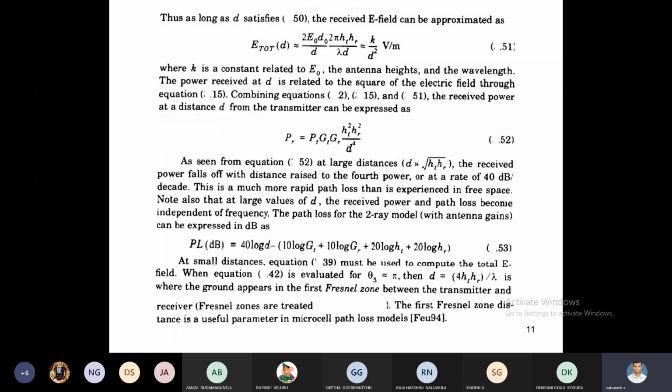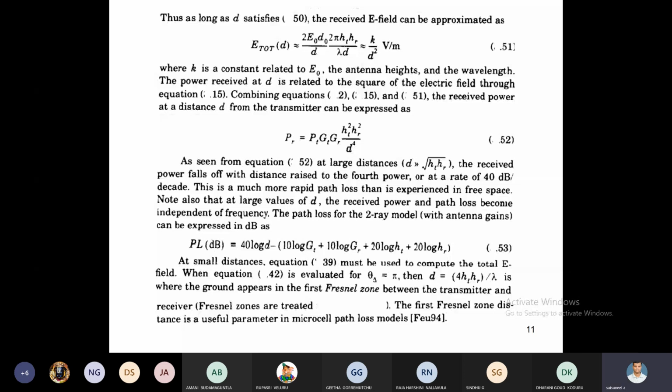Similarly, we have to calculate the received power, which, based on the free space equation, is equal to PT GT GR ht square hr square by d power 4. Suppose we take this equation in terms of dB, that is, P received. I have to go from this equation to calculate the path loss.